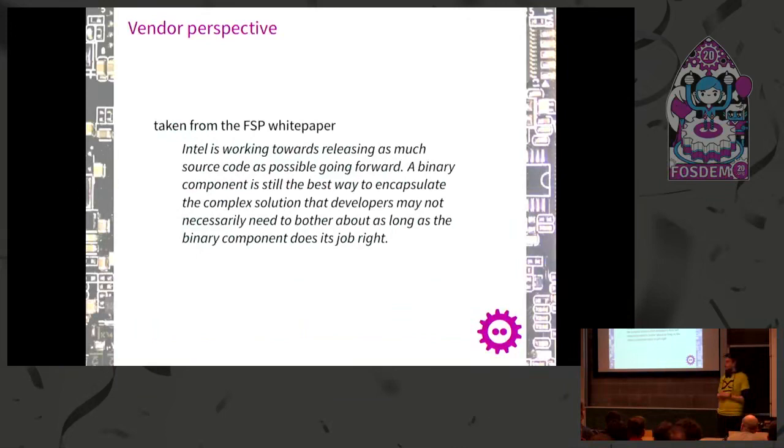In the white paper, they say that binaries are actually quite good because that's the middle ground we can meet on, as long as it works as desired, which is not necessarily always the case. If you work with coreboot, you might sometimes come across issues, especially if you don't have much documentation.